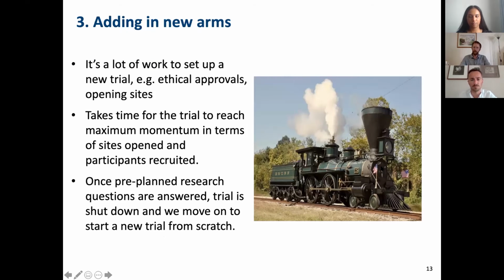Okay, so that's the adaptive design. So far we've got the multiple experimental arms and the adaptive design. The last piece of the platform trial is the opportunity to add in new arms.